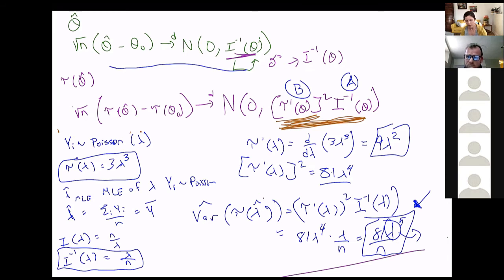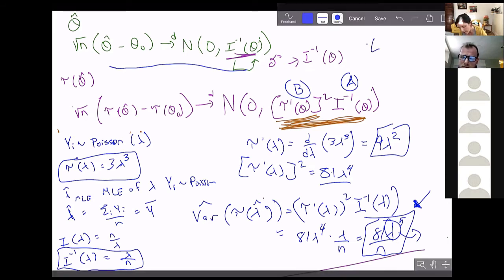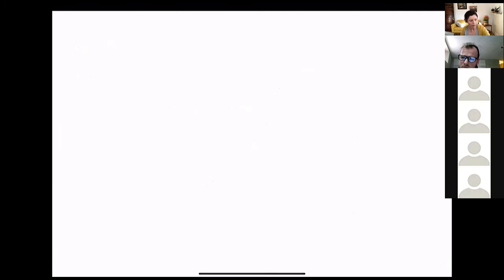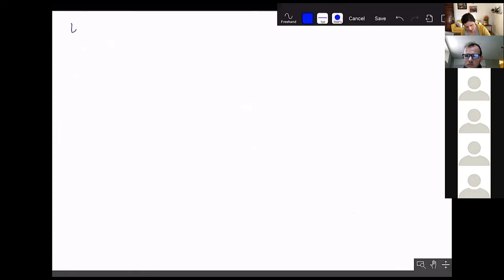So the canonical link was going to be, once you have your distribution in exponential family form, and I gave back a lot of points on the homework because I think I wasn't explicit about what I was looking for.